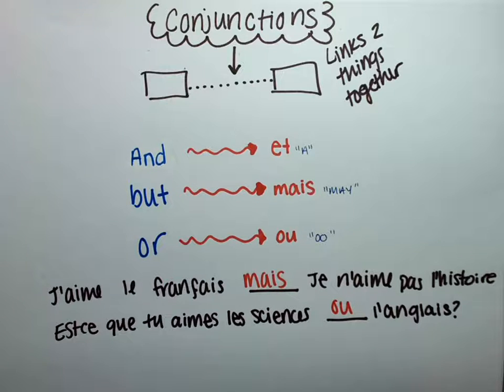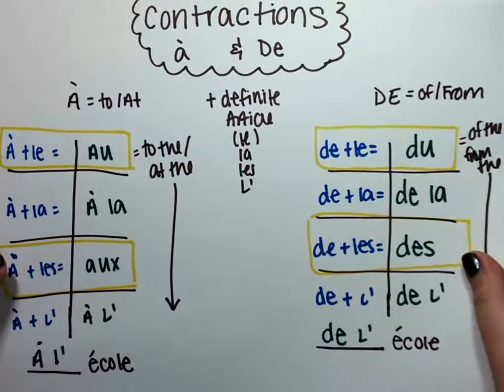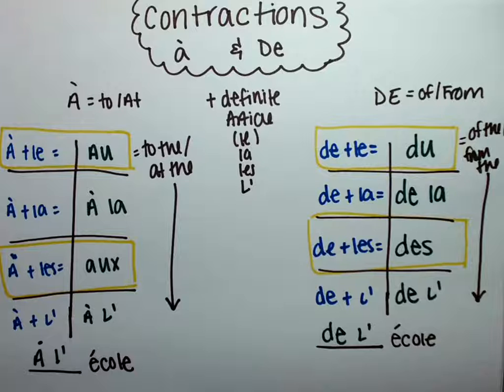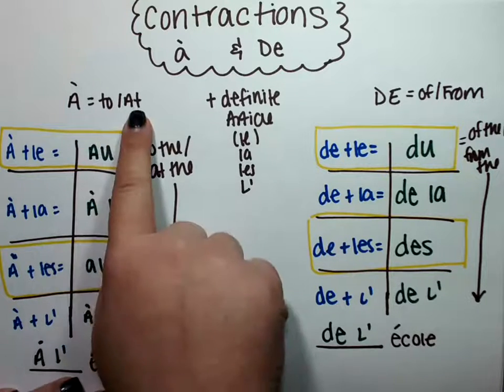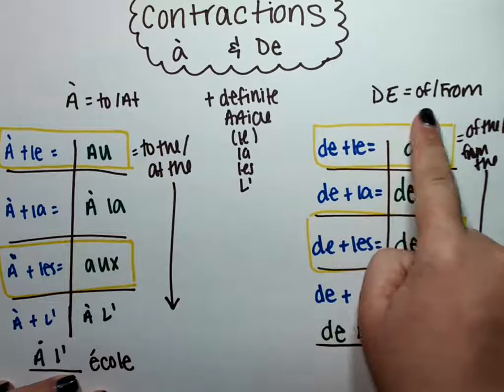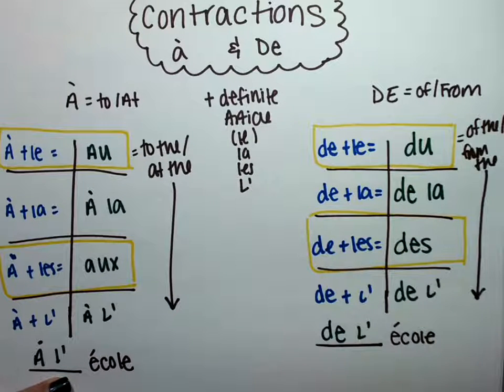And then real quick review of our contractions that we talked about earlier today. Remember our contractions, we have 2 different types. We have à and de. À means to or at. De means of or from. Like you're coming from somewhere, or this is the pen of somebody.